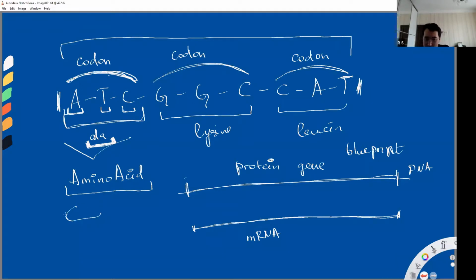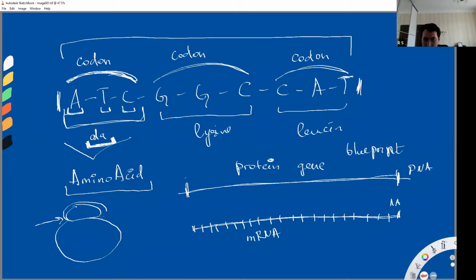And this messenger RNA is the algorithm for ribosomes. So you have 2 units of ribosome, and this mRNA will go between these 2 ribosomes, and they will read it codon by codon. So let's say these are codons on this mRNA, and they are the same as the codons on DNA. And every single codon means an amino acid.